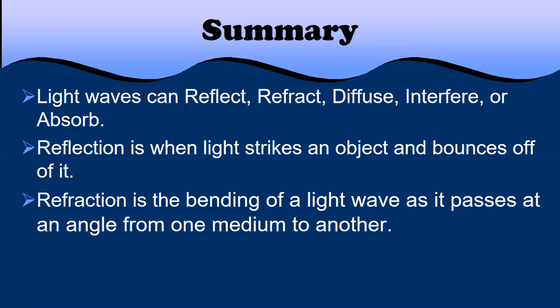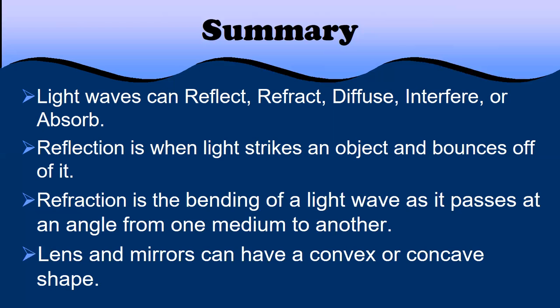Like when we talk about acceleration, when we slow down, we're changing the direction in which we're going. So refracting light is just the bending of light waves. That can be in the shape of a convex or concave lens or mirror.